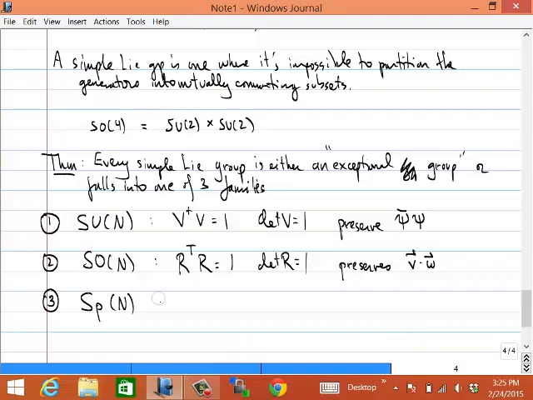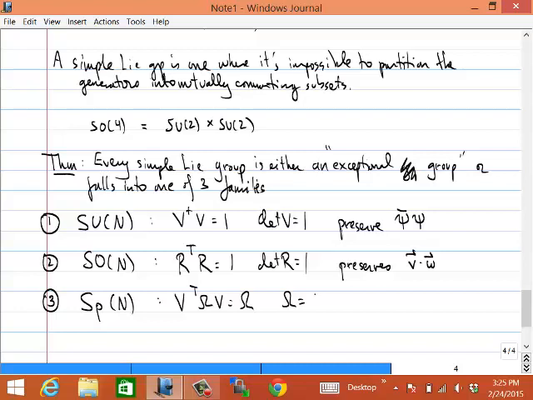is the n-dimensional symplectic group. So this is also a set of n by n matrices, but they obey a slightly different sort of algebra, a slightly different identity. So here the v's are 2n dimensional, so they have to be even dimensional.